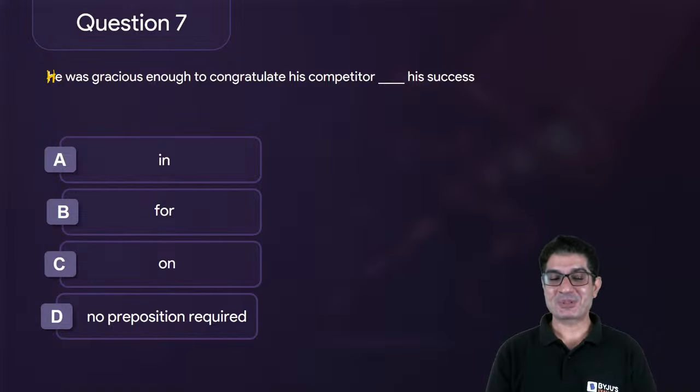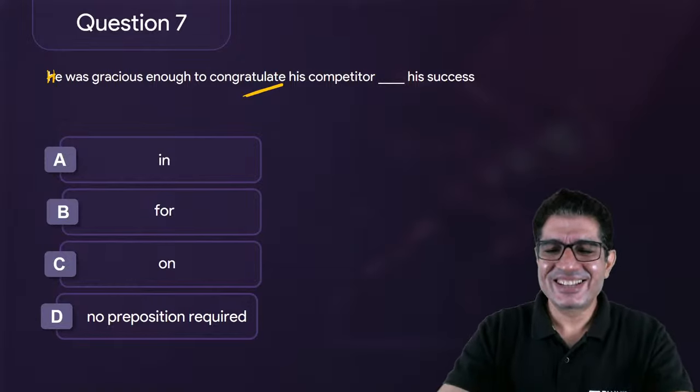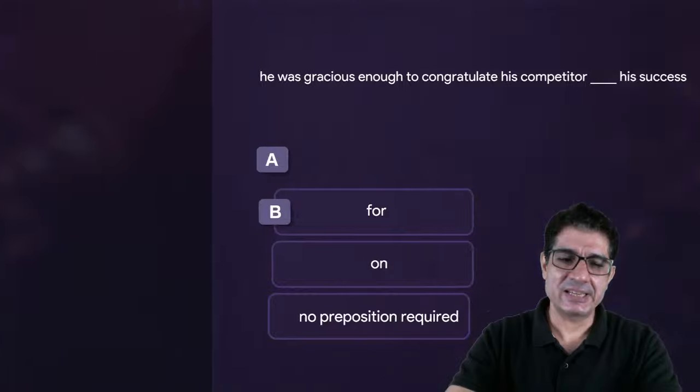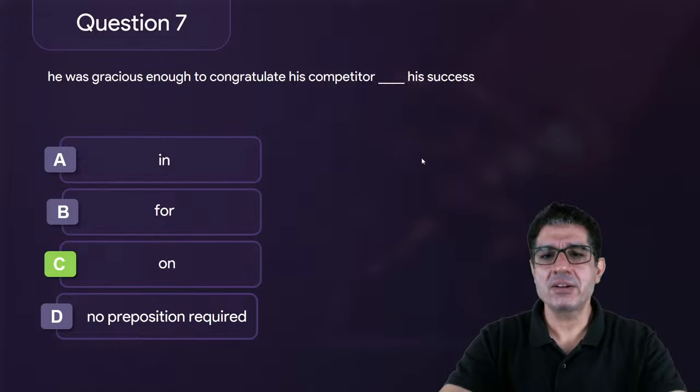So, what is the preposition that we use after congratulate? That is the question, isn't it? So, the correct answer here is C, on. I know a lot of us are likely to get confused with for. The right one here will be on. So, let's see.